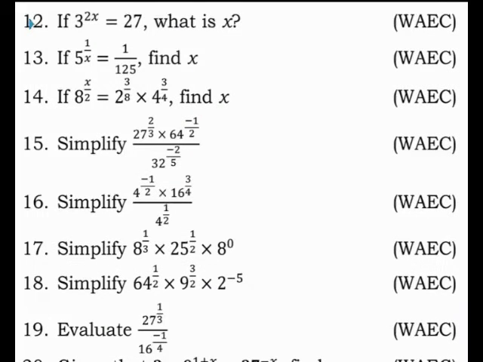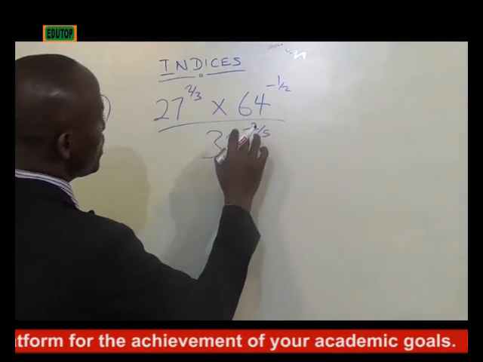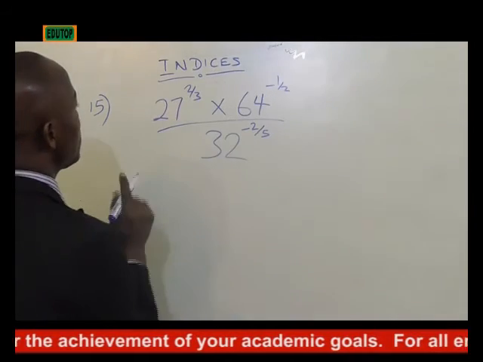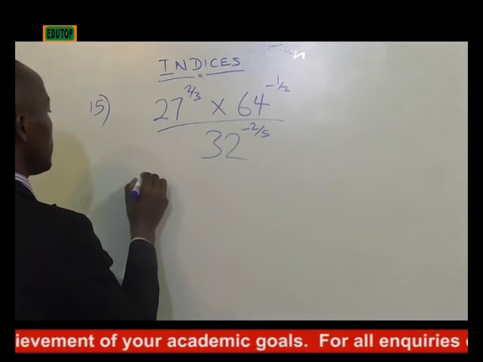Example number 15. 27 raised to power 2 over 3 times 64 raised to power minus 1 over 2, all divided by 32 raised to power minus 2 over 5. The first thing we first deal with is this our minus. So we're having something like this.